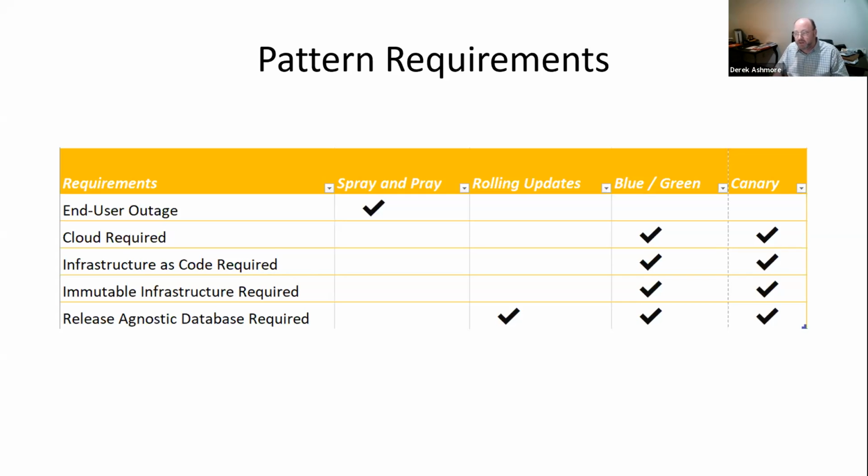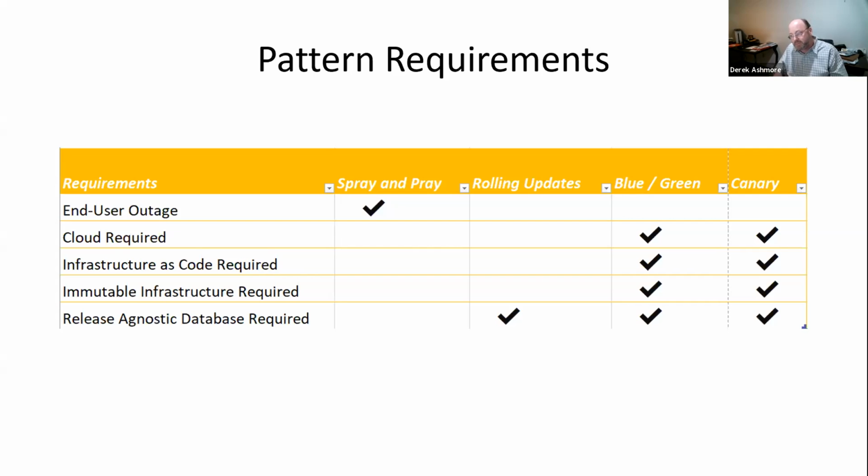Blue-green and Canary require infrastructure as code. Typically, blue-green and Canary are used with immutable infrastructure, not infrastructure that you change the content of, but infrastructure that you just outright replace and throw away when you're done with it.